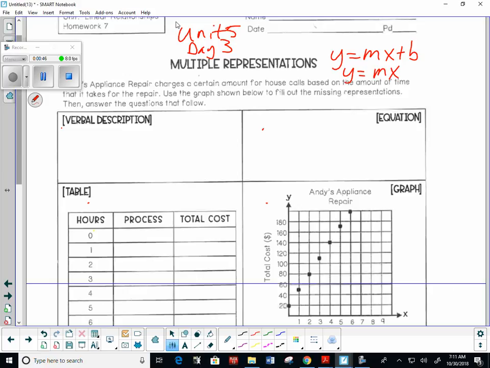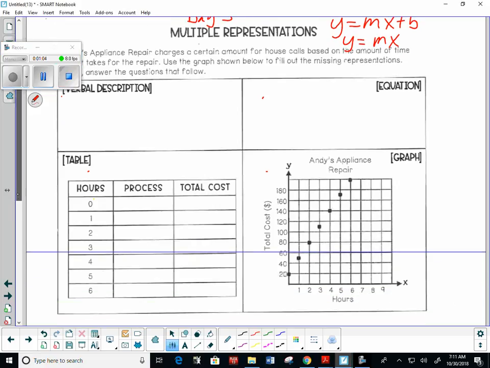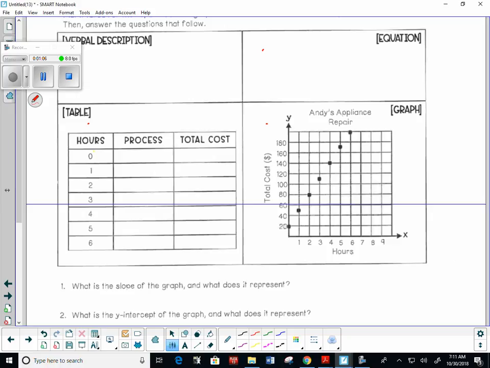It tells us that an appliance repair charges a certain amount for house calls based on the amount of time it takes for the repair. Use the graph shown below to fill out the missing representations, then answer the questions that follow. What we have to look at is our graph.